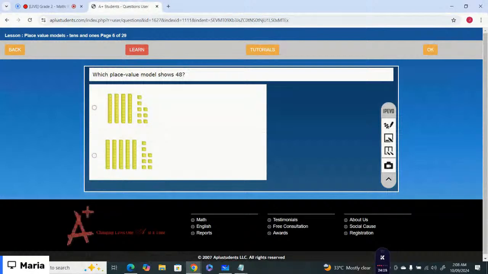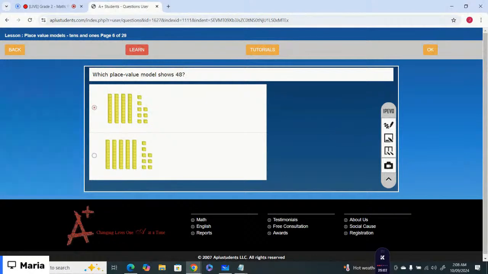Which place value model shows 48? So which is the correct option? 48 means you have 4 tens and 8 ones. So which is the correct option? That is 48.